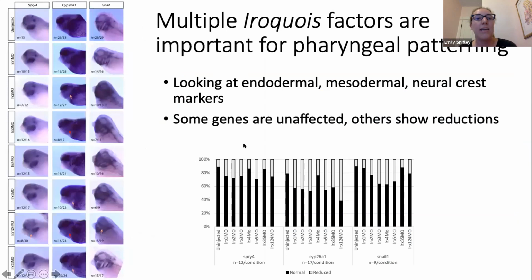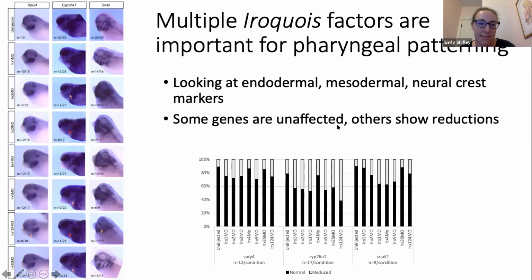And then once we got that dose right, we did more in situ hybridizations, looking at different pharyngeal genes. And some genes are unaffected. They seem pretty normal. Sprouty here is an FGF inhibitor, or snail is another neural crest marker gene.